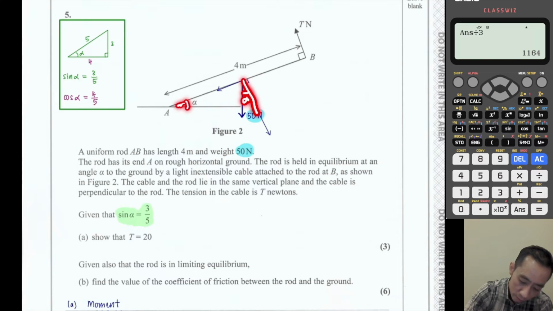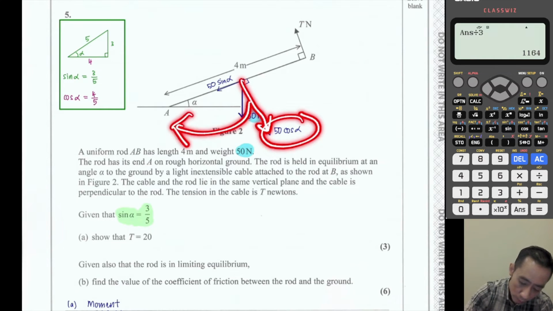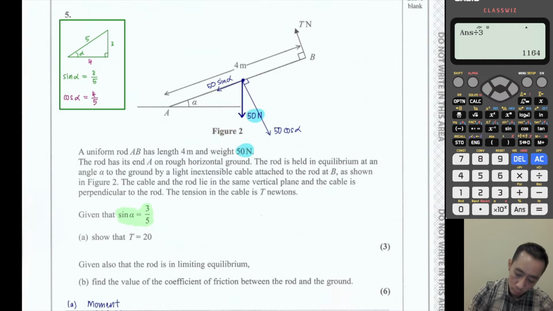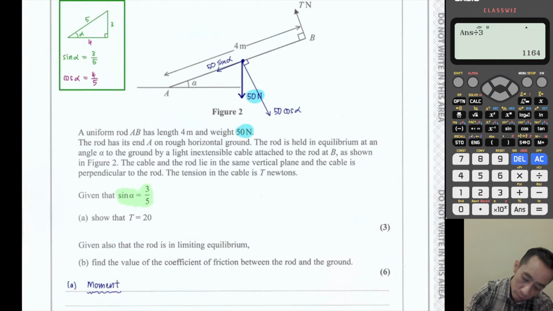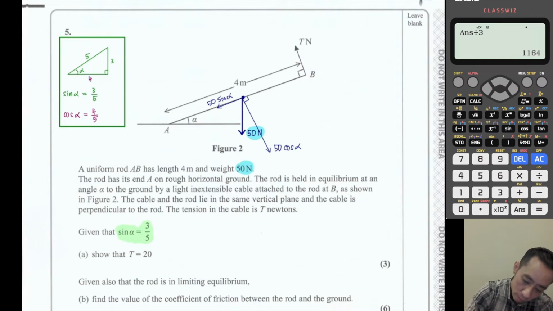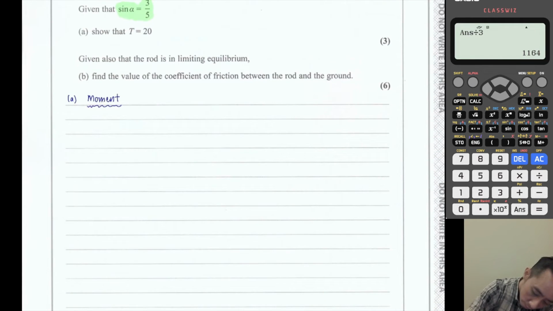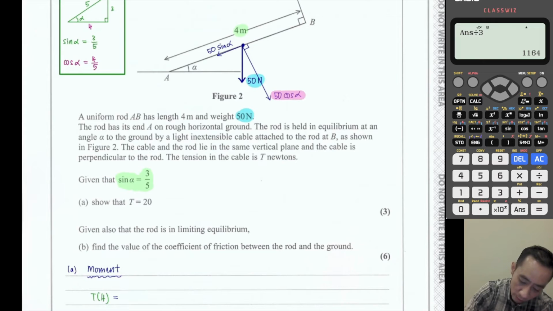The one beside alpha is cosine, so this one is 50 cosine alpha, and this one is 50 sine alpha. The moment from here to this one is 2 meter. So T times 4 is equals to, another direction here that we have, 50 cosine alpha times 2 meter. So here is 2 meter.